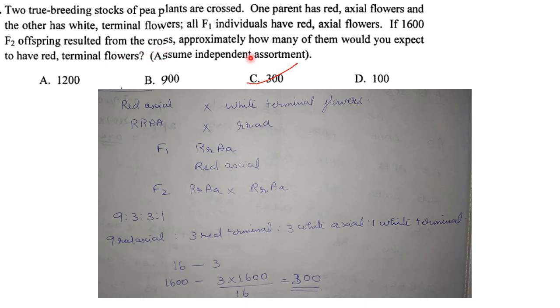Out of these 16 F2 individuals, 3 are red terminal flowers. So out of 1600, how many will be red terminal? That will be 300. So answer is option C, that is 300.